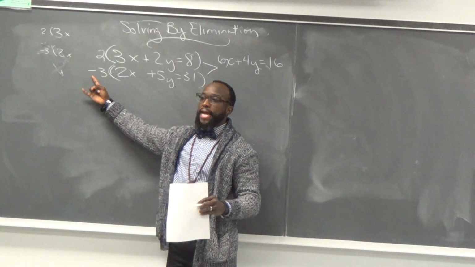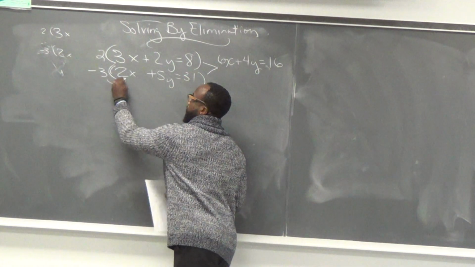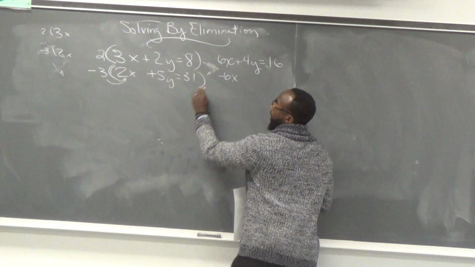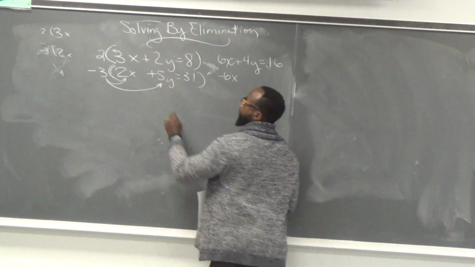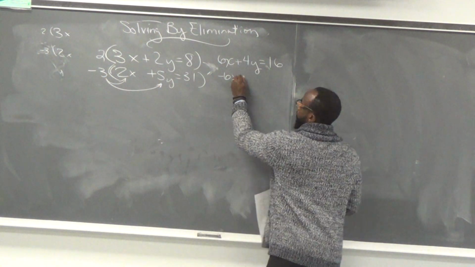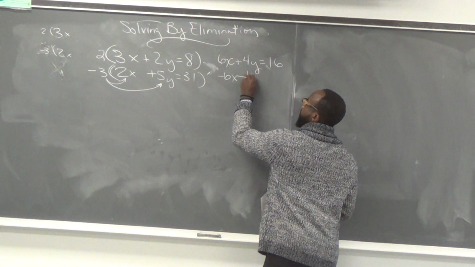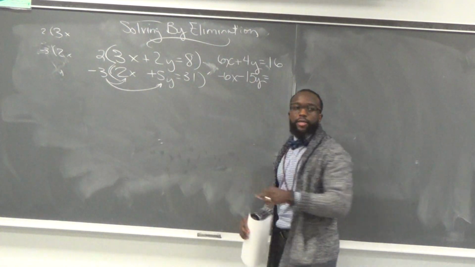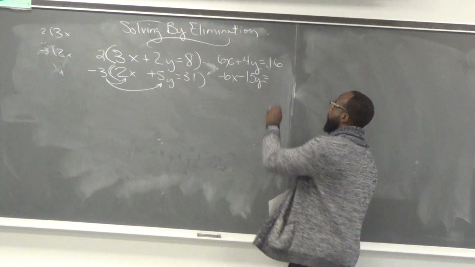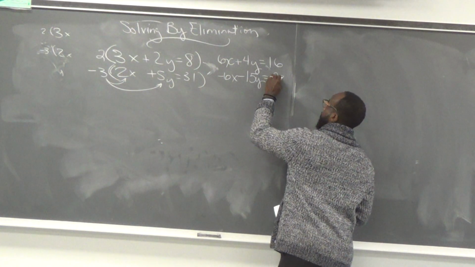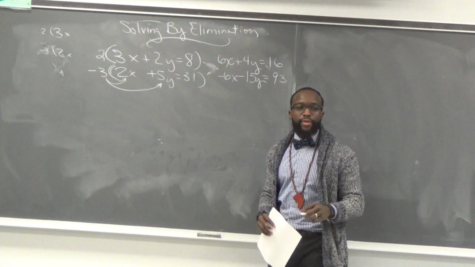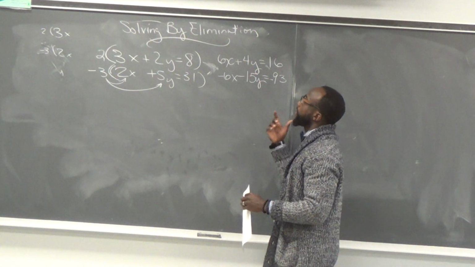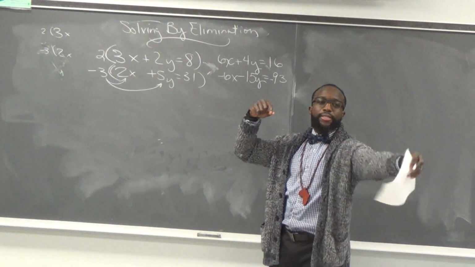Then you have negative 3 times 2, negative 6x. Negative 3 times 5 is negative 15y, equals negative 3 times 31, which is negative 93.